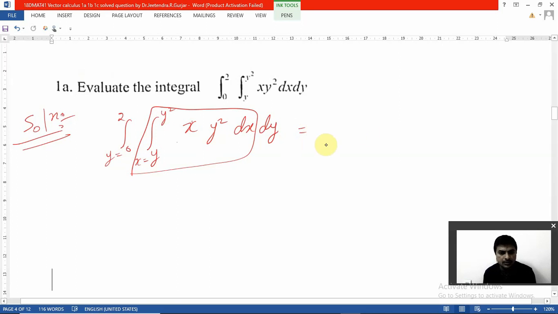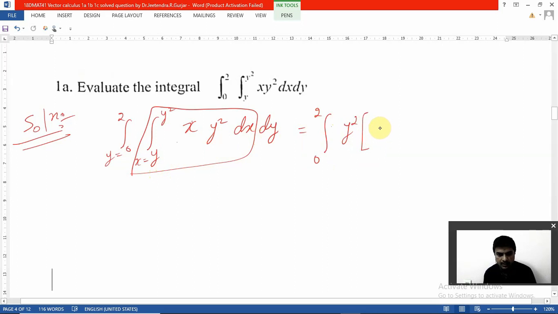Okay, so this is equal to, students, you can see first I am going to integrate with respect to x is equal to y. So y x I am going to integrate this. So integration of x, y is constant, please remember y is a constant variable here. So integration from 0 to 2, then y square, no change, keep it as it is, no change in y square.